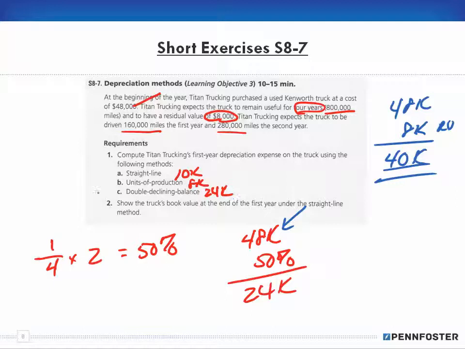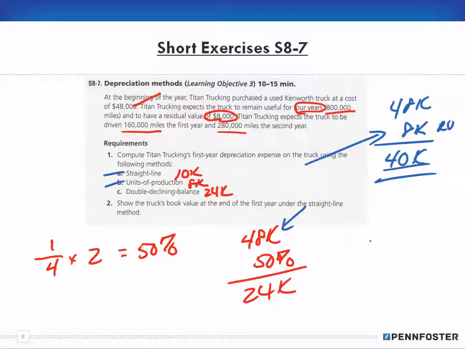That's the basis for the straight line and the units of production. But here for the double declining balance, notice I did not do that math. I didn't subtract the residual value.